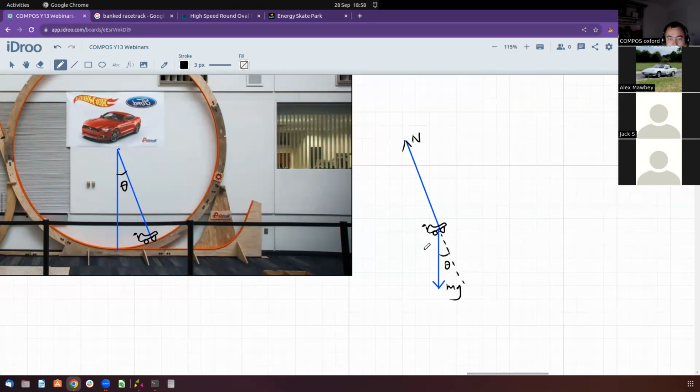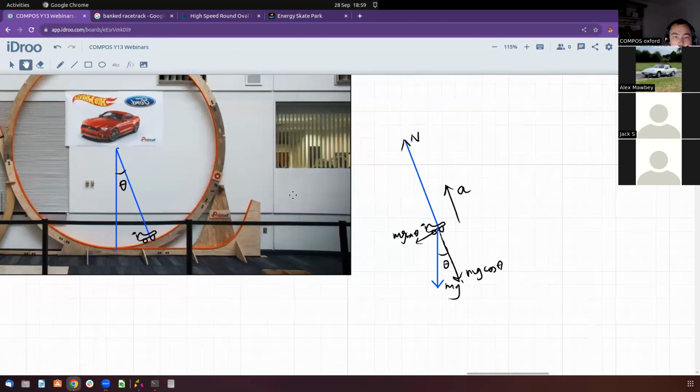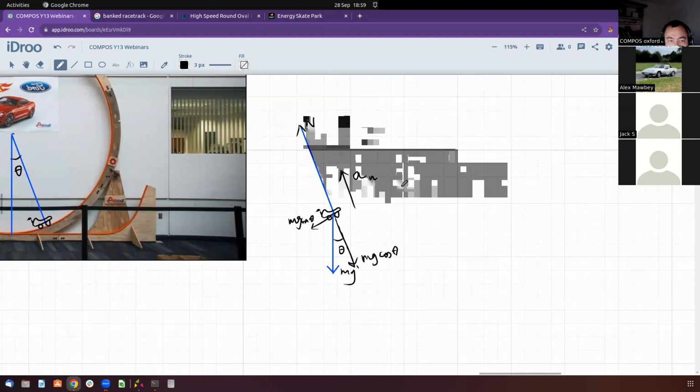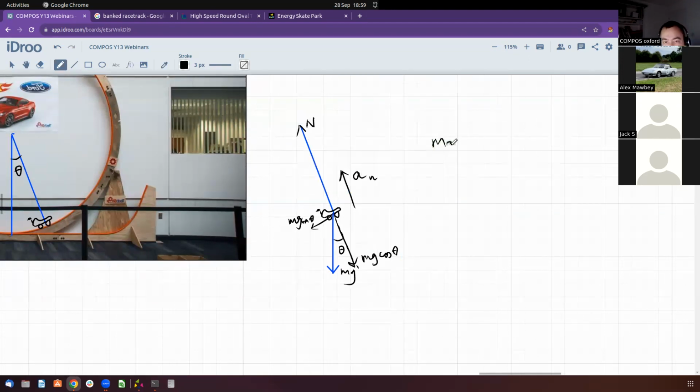So this is theta, and we have two components of mg: this is mg cos theta, and this is mg sine theta. As you can see, it's accelerating this way. The normal acceleration is this way. So m a normal is equal to N minus mg cos theta.